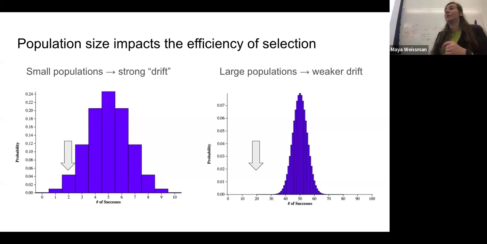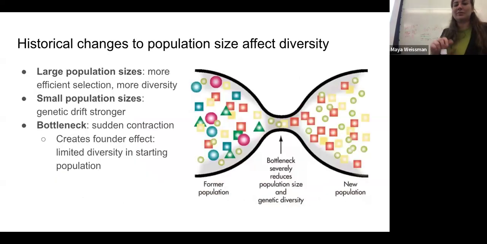So if you have a beneficial mutation, it's much more likely to randomly be lost in a small population compared to a larger one. Or if you have a deleterious variant, it's much more likely to randomly reach high frequencies in a small population. And in these ways, historical changes to population size can impact diversity. So at large population sizes, more efficient selection, generally more diversity.